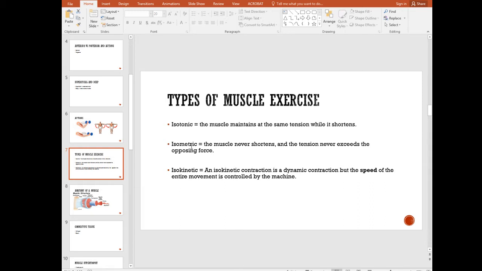When they get to a fixed position, like a clinch position, nobody's really moving those muscles through a range of motion. That would be isometric. But probably the best example would be somebody holding the iron cross or a position in gymnastics. That's isometric, where you just can't exceed that opposing force. You're holding a fixed position is the best way to think of it.